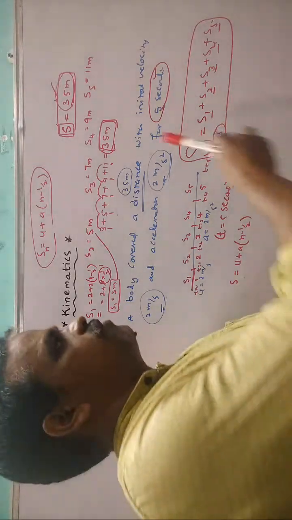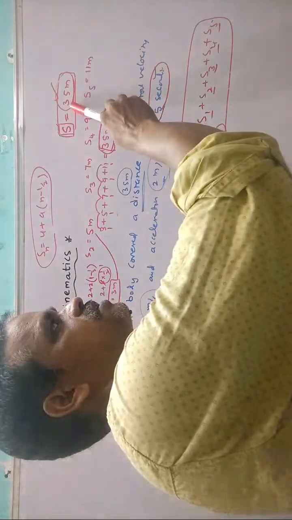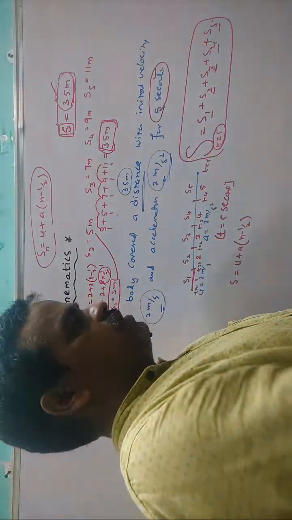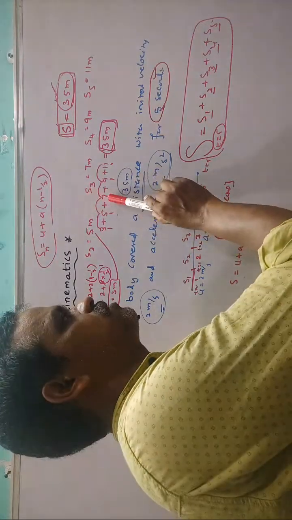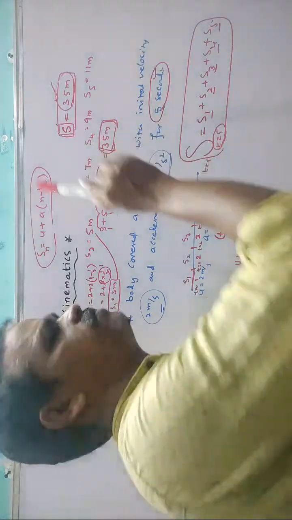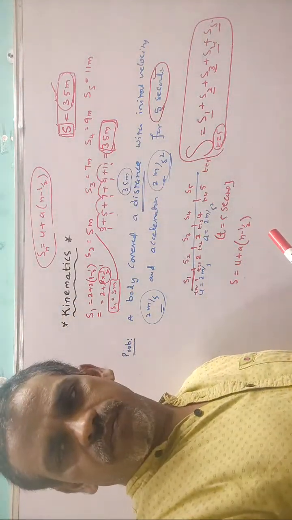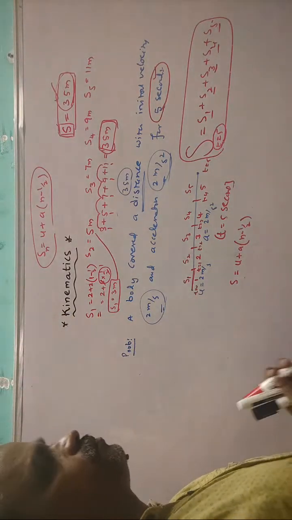Individually we calculated for t equal to 5 seconds the displacement is 35 meter. Here we added the first second, second, third, fourth, fifth second displacements, and that is also 35 meter. So both are right. Okay, right.